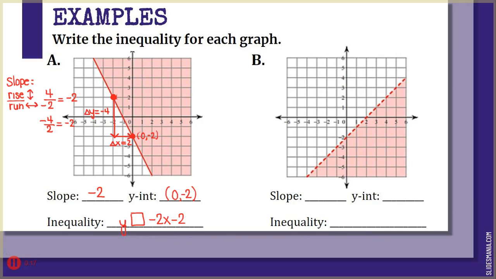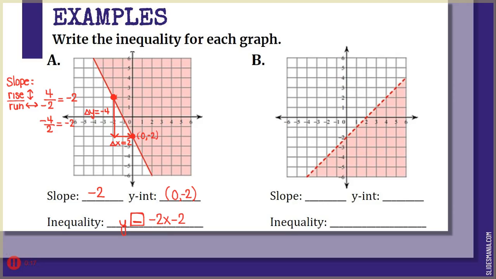So the first thing I notice is I use a solid line. So I know it has to be equal to. So I'm going to put a solid line underneath where I'm going to put my inequality symbol because it is equal to. So what I would suggest you do is pick any point that is in the shaded region.